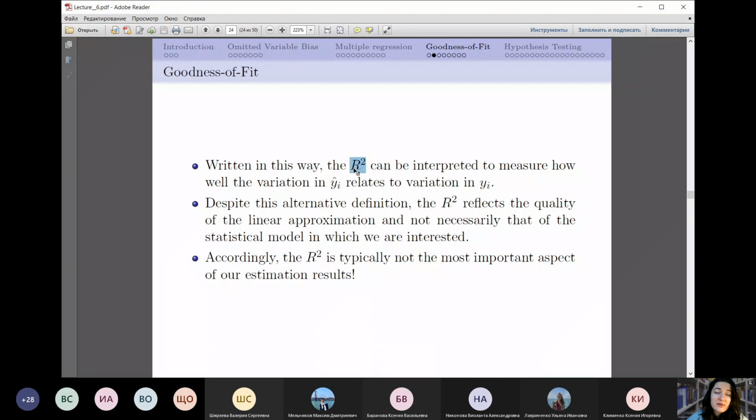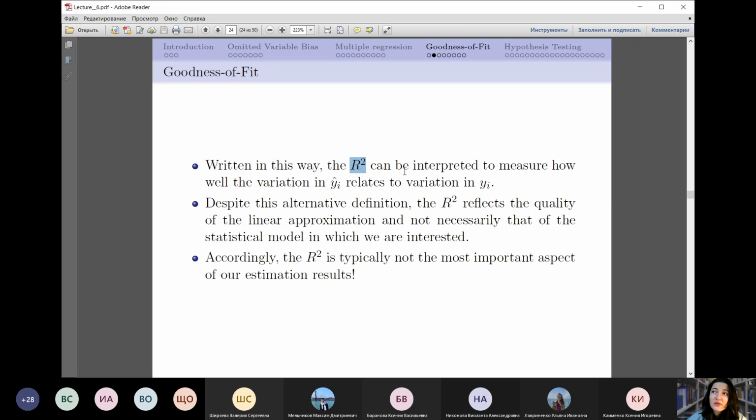Biased or unbiased estimators follow from the zero conditional mean assumption. A small R squared means that the error variance is large relative to the variance of y, which means you may have a hard time precisely estimating the parameters. But even in this case, it could be not a problem for your model.